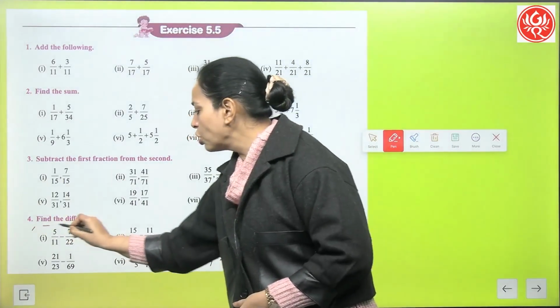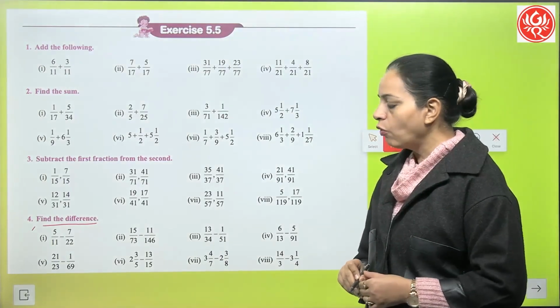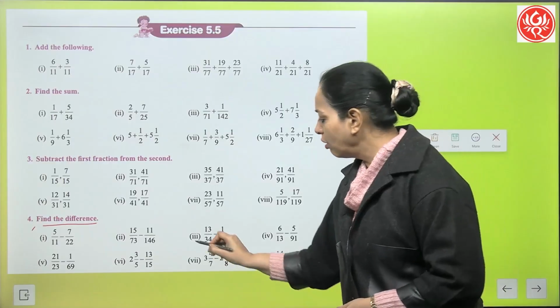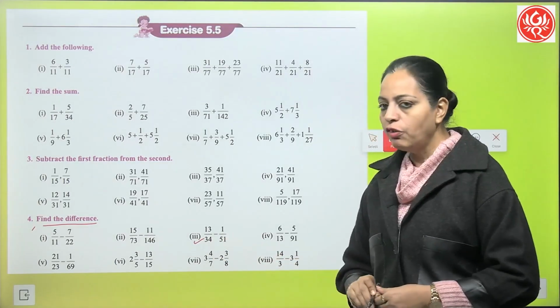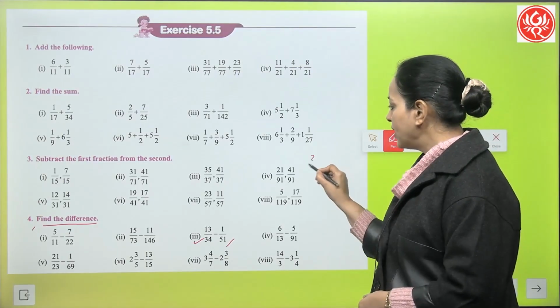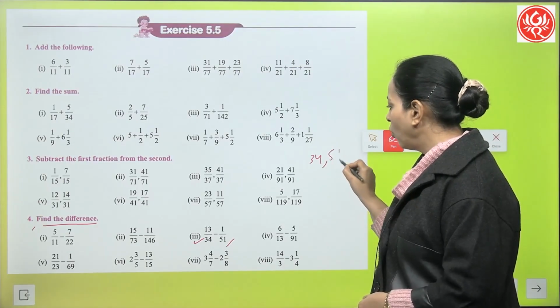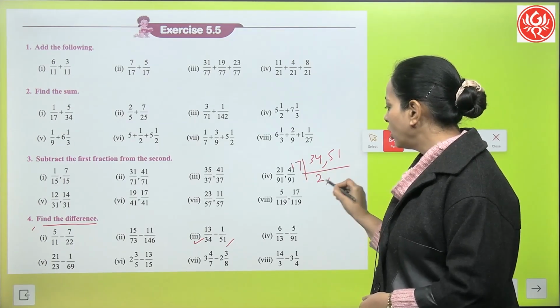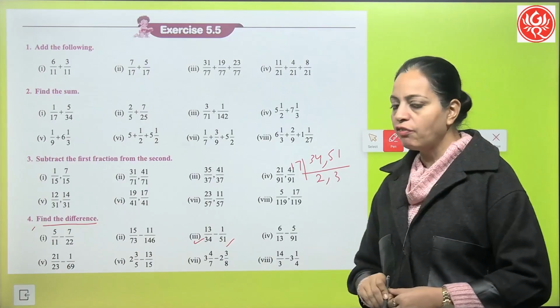Now the fourth question, find the difference. Now we have unlike fractions. So what to do, like third part, 13/34 and 1/51. So we will find the LCM. 34 and 51, 17, 17 2s are 34, 17 3s are 51.